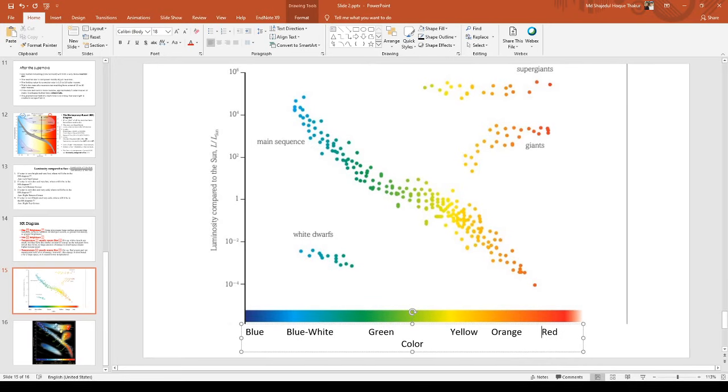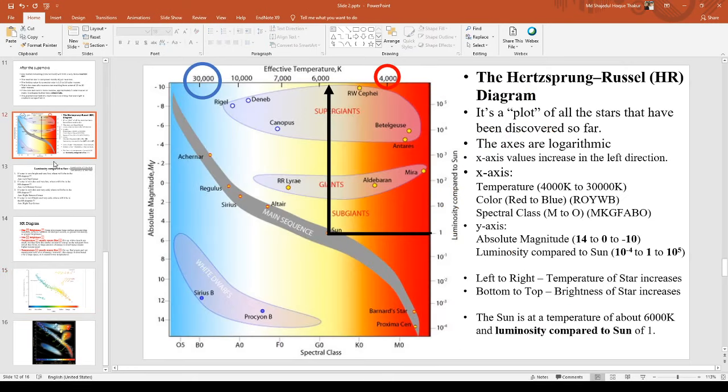It's not necessarily that it will always be a gradient color like this. Especially in your exam paper, which is not going to be colored. Your exam paper will always be black and white, right? So there will be labels like this: blue, white, green, yellow. In that case, the x-axis label is color. But if these are temperature values, then the x-axis label will be temperature. If these are O, B, A, F, G, K, M, then the x-axis label will be spectral class.